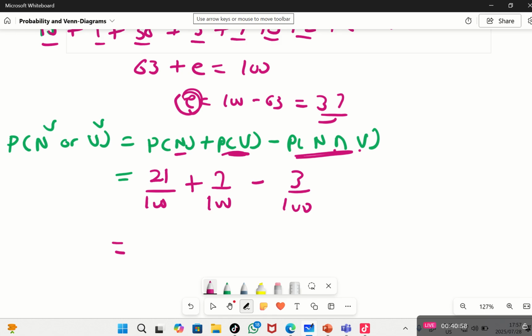Zero point what? Is it 0.31? Please confirm. It is 0.31. Yes. Sharp, sharp. So that is probability.